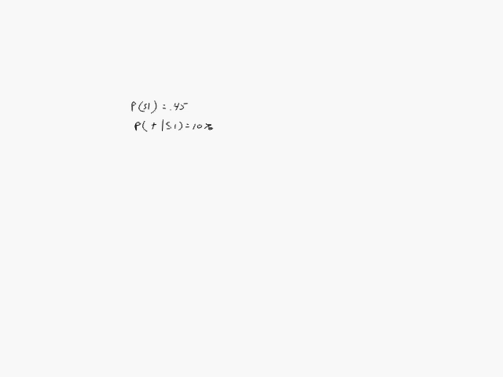Species 2 accounts for 38%. S2 equals 0.38. Of those, 15% have been tagged. Is this helping so far? Species 3, come on. I'm recording this, so just to let you know.